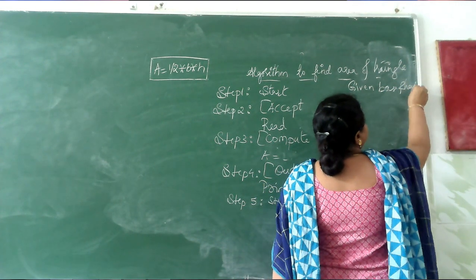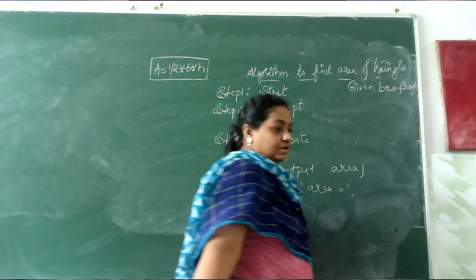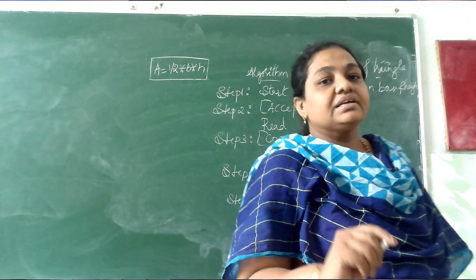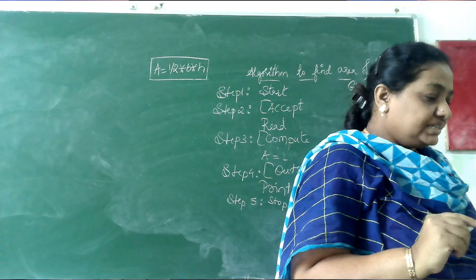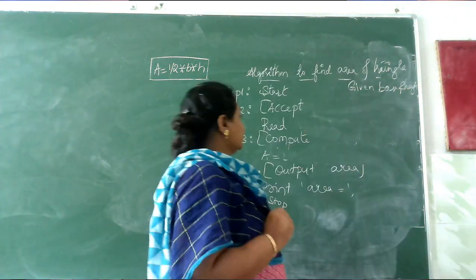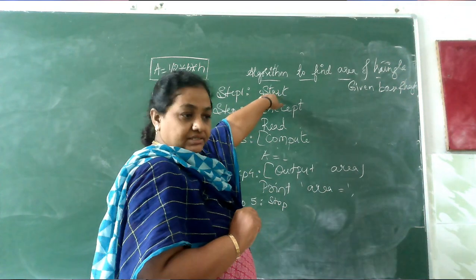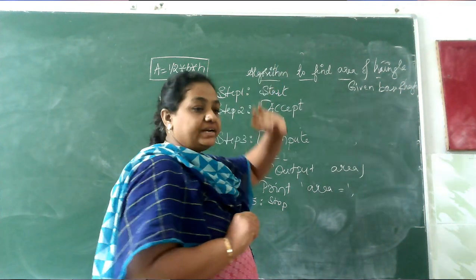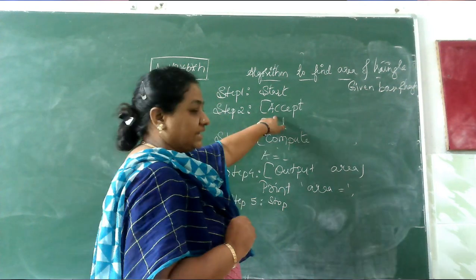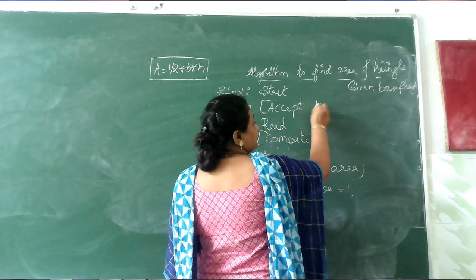So we need to know the base and height. Without knowing what is the base value and what is the height value, we will not be able to calculate area. So to find the area of a triangle, we require base and height.